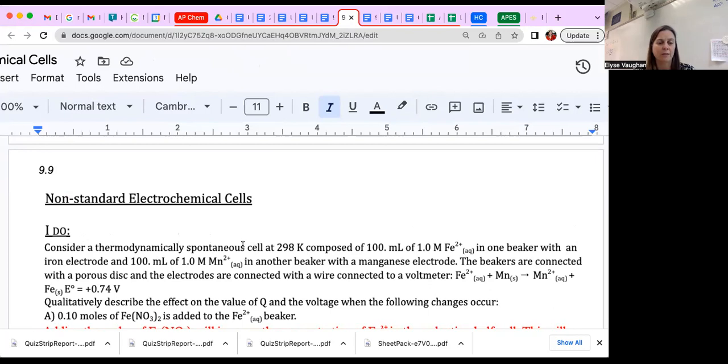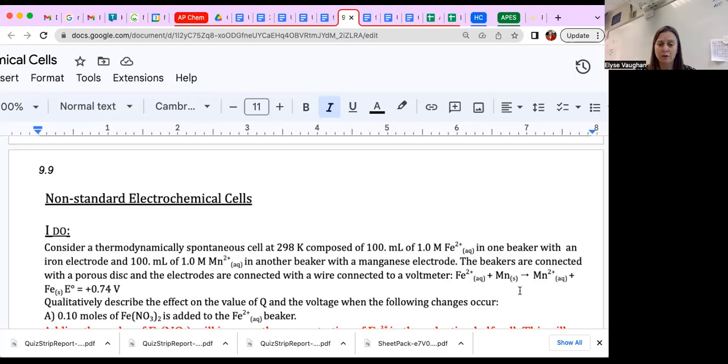So we have this thermodynamically spontaneous cell, and we are asked to describe the effect on the value of Q and the cell potential when we make a couple of changes. So the first change is that we add 1/10 of a mole of iron 2 nitrate to the beaker containing the iron solution. So that's going to increase the concentration of the iron 2 nitrate.